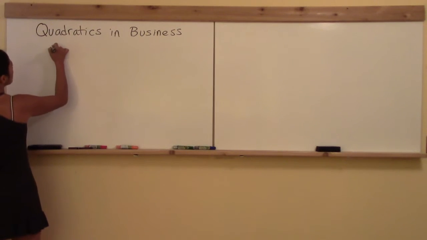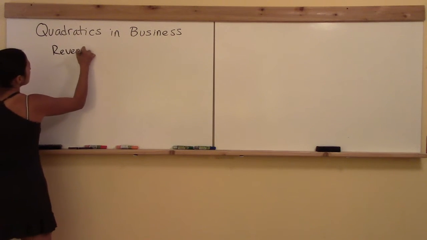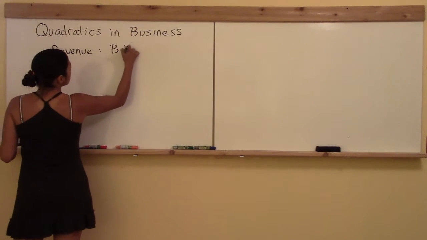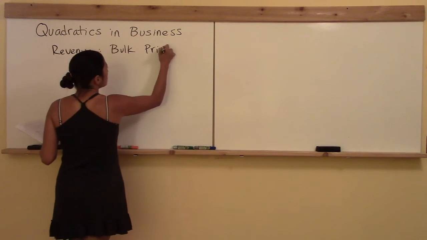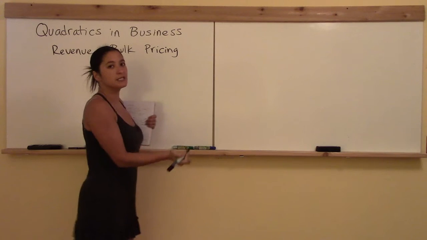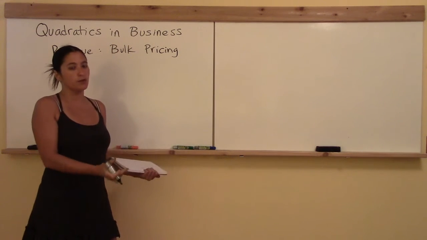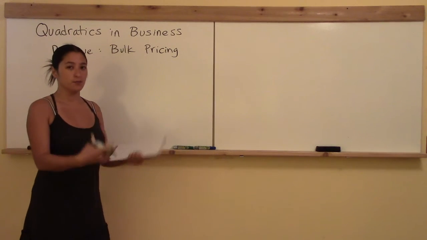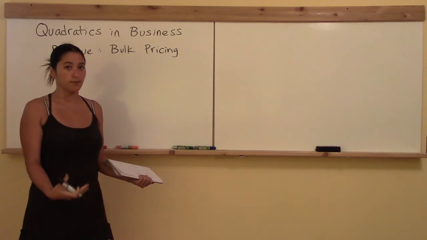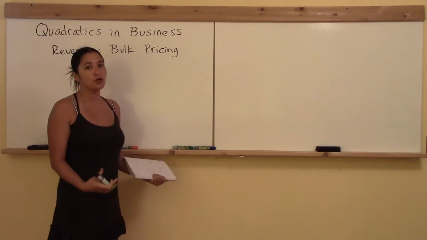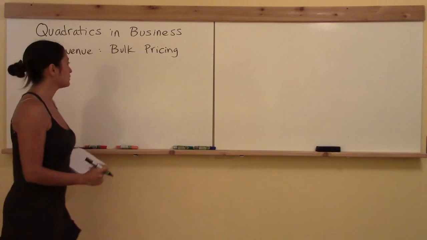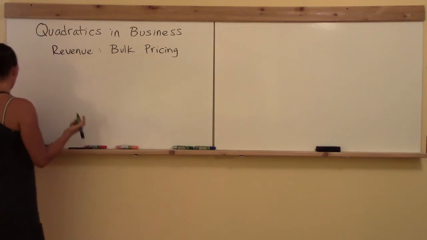So example and revenue. Let's say that we have some sort of bulk pricing, and I wonder if you've ever encountered this in a business. If you buy one, it's a certain price, but if you buy more, then the price starts to go down. The per item price will go down to try to encourage you to buy more. Okay, so that's kind of linked to the theory of demand there.